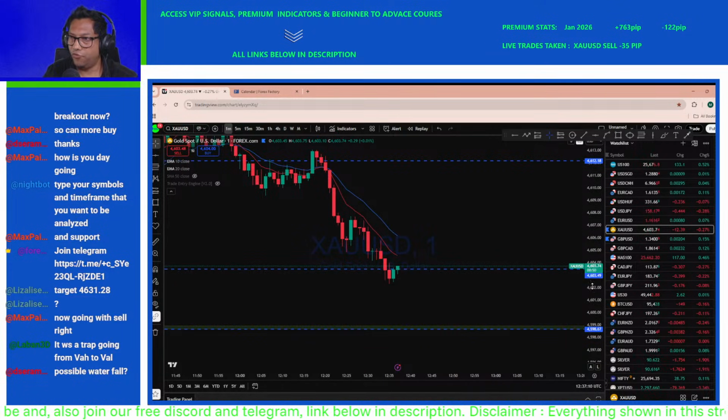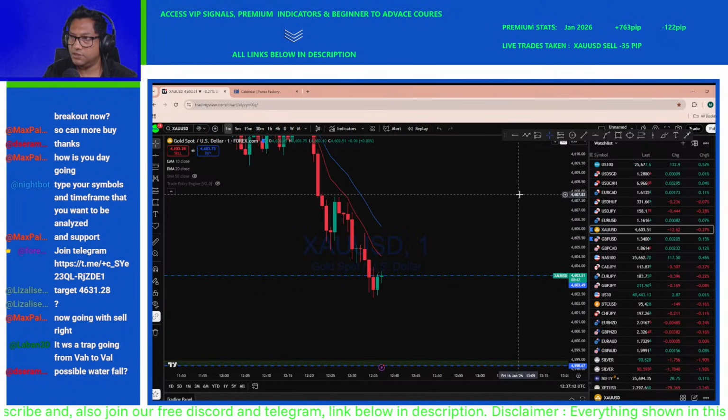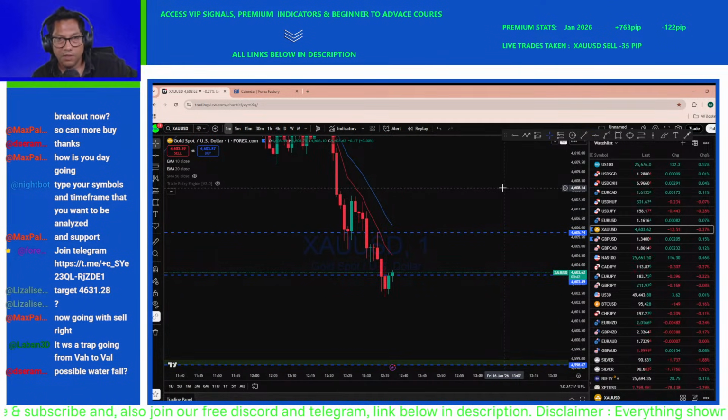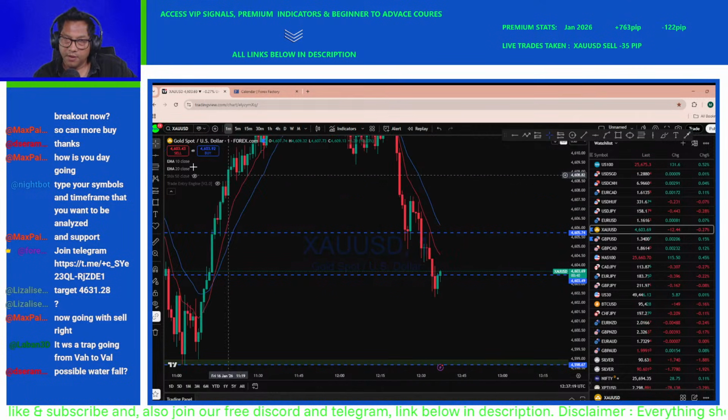We might look for entry if the price goes and maintains a break of structure.